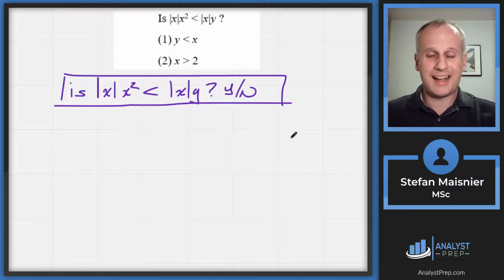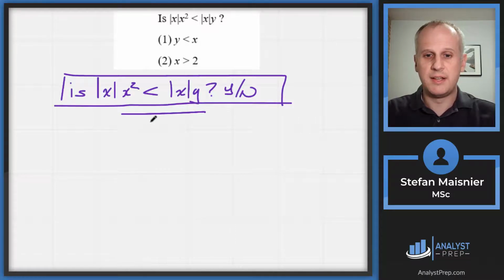So I know that if there are positive values on either side of an inequality, I can actually remove them. And I know for certain that there are shared positive values on either side of my inequality because absolute value of x and x squared have to both be positive.